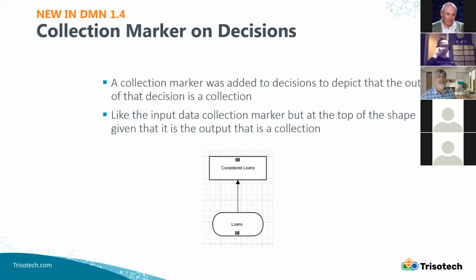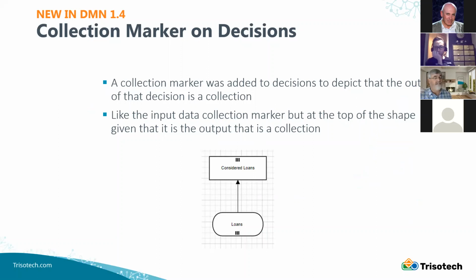So that's it for the box expressions that were introduced in 1.4. 1.4 also introduced a new collection marker. So we already had a collection marker on the data inputs, which was to signify that this input was a collection. We did the same on decision. We put a marker at the top to really say that this decision returns a collection. This doesn't mean that this decision iterates.